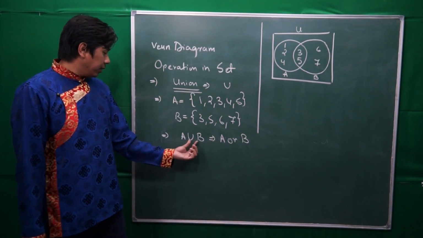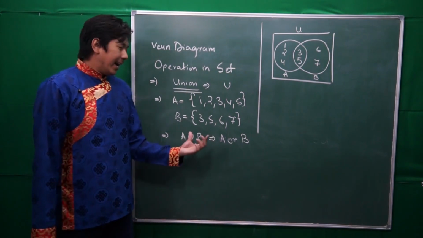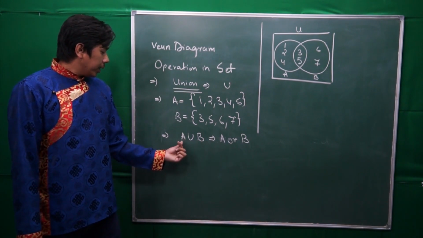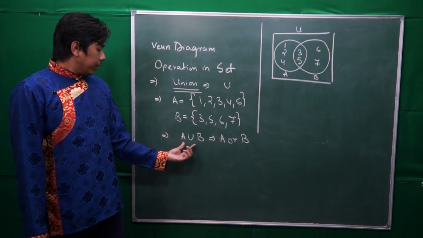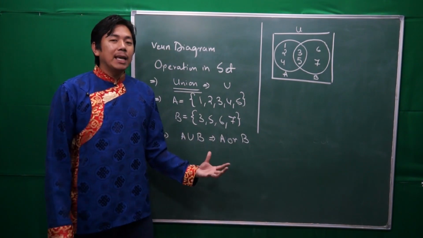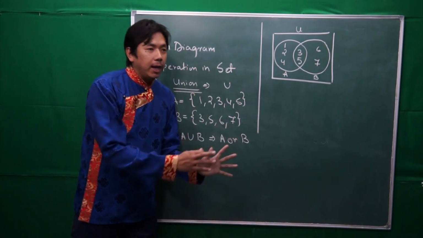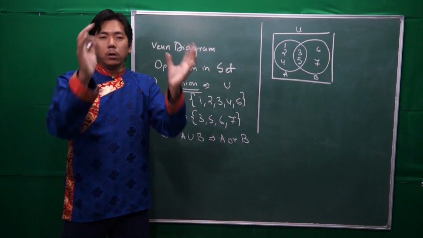Likewise, union also represents addition. When two sets undergo the union operation, the resultant would be the elements of A and elements of B all together.